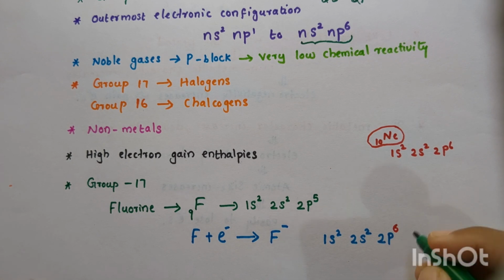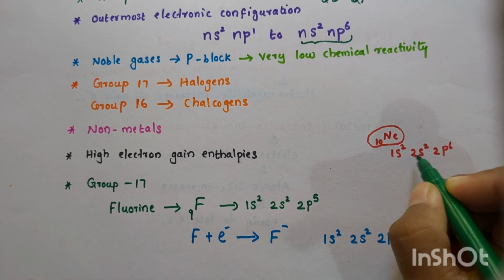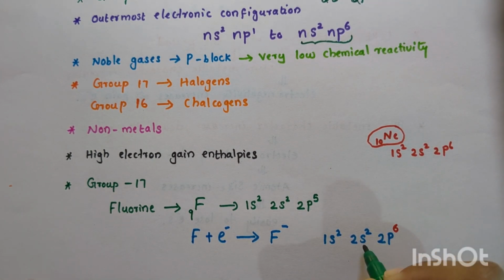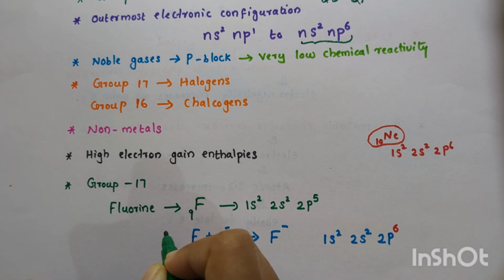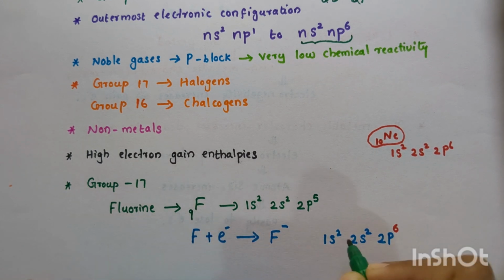This is the electronic configuration of neon, so it attains the stable noble gas configuration. So the group 17 elements try to gain one electron to attain a stable noble gas configuration.